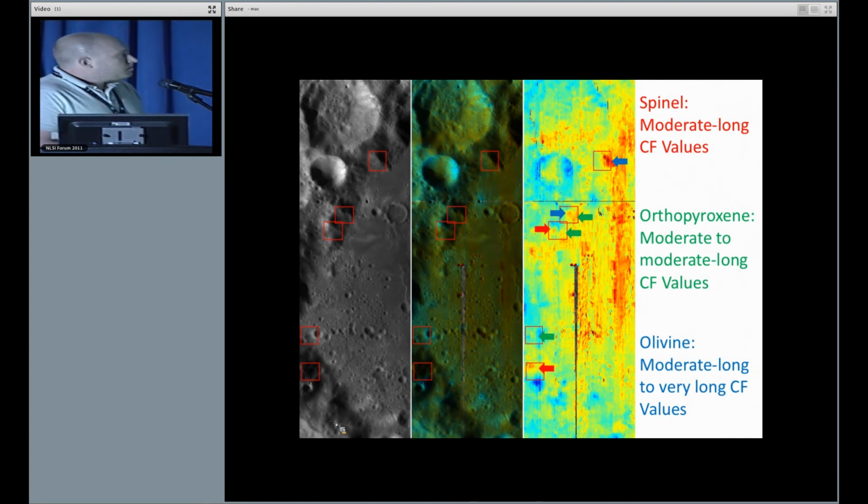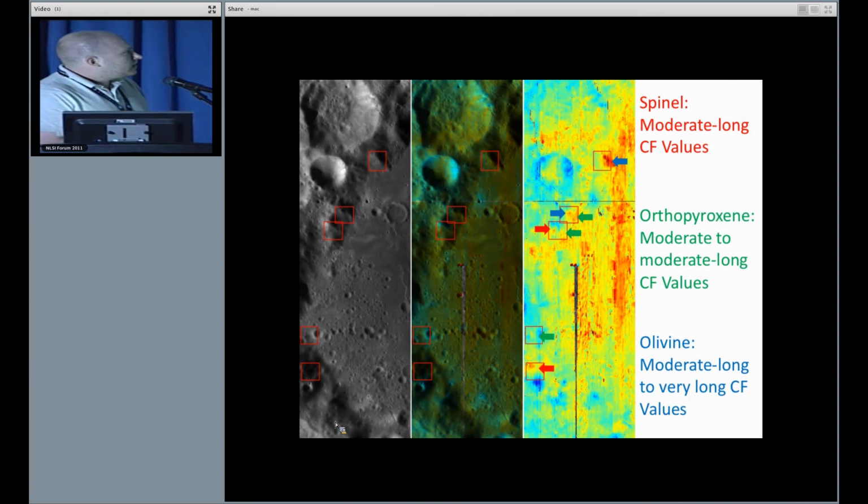And actually, to be perfectly honest, most interesting are the olivine. Olivine is indicated by the blue arrows. This site is fairly typical of what we see when we look at the near-infrared olivine observations. It has a rather mare-like CF value, which indicates mixing with feldspathic materials of probably about 25 to 50%. And those are fairly widespread.